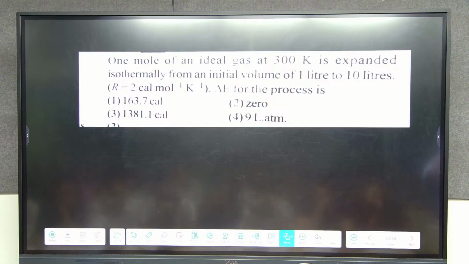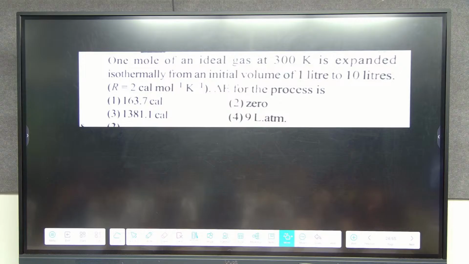1 mole of an ideal gas at 300 Kelvin is expanded isothermally from initial volume of 1 liter to 10 liters. Then change in internal energy. Be conscious. First read it clearly, then you will get the answer. What are they asking?